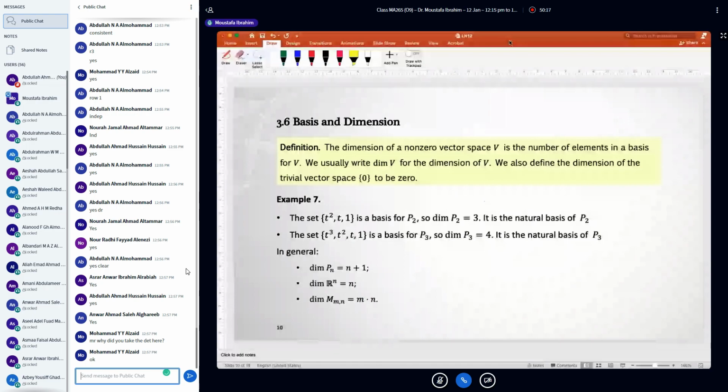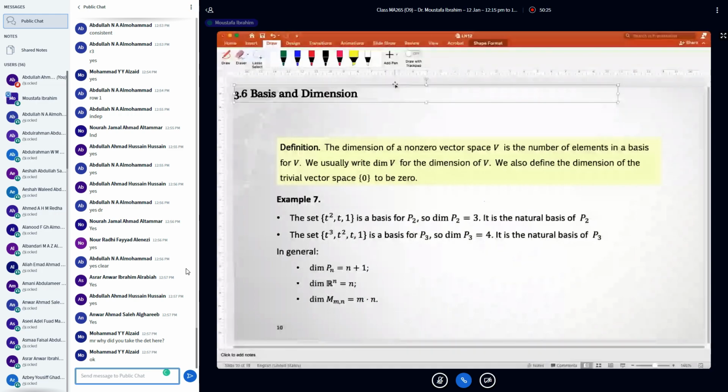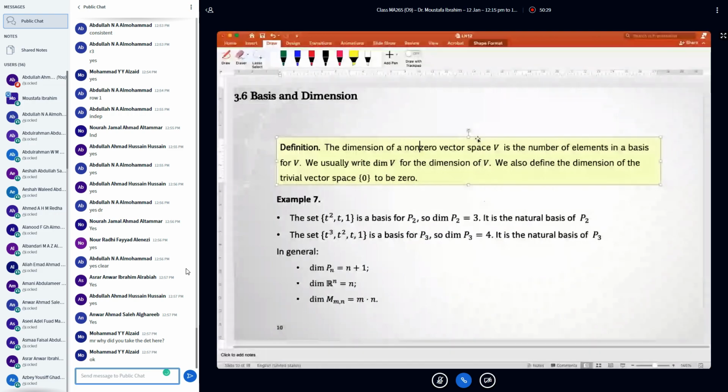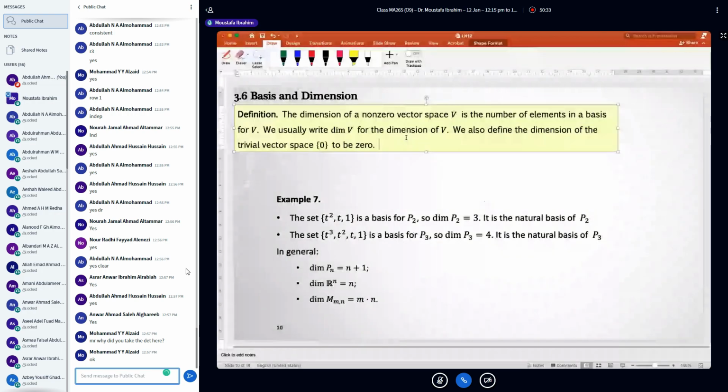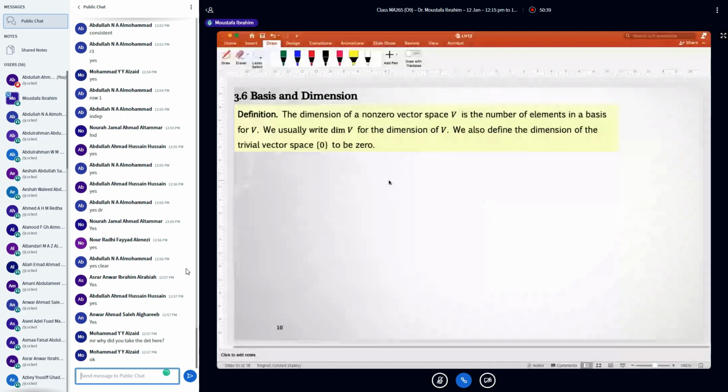Okay. Here, I think we will stop after this slide. So, look here. This is the definition. We did it before.